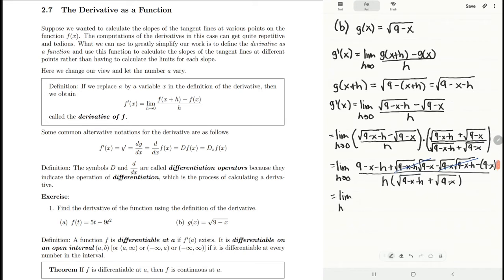So we have the limit as h goes to 0 of 9 minus x minus h. We have a negative 9 plus x. That's all divided by h times root 9 minus x minus h plus root 9 minus x.